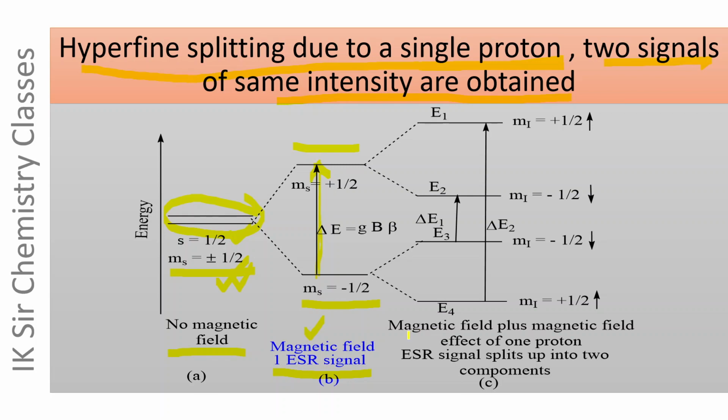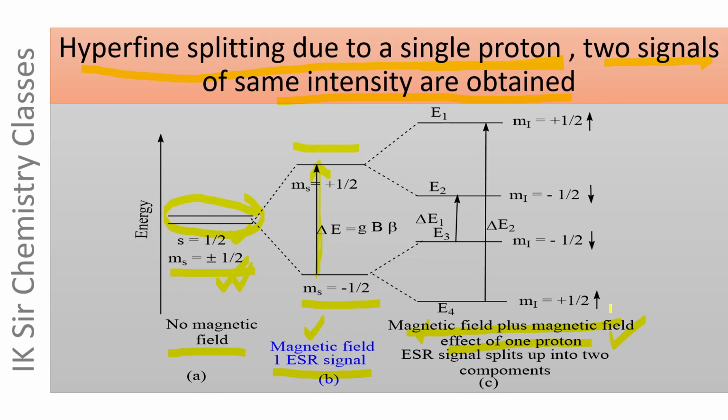But with external magnetic field plus magnetic field effect of one proton, the energy states are 4, E1, E2, E3 and E4.